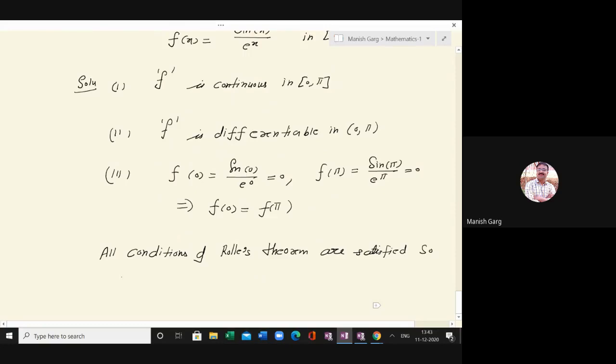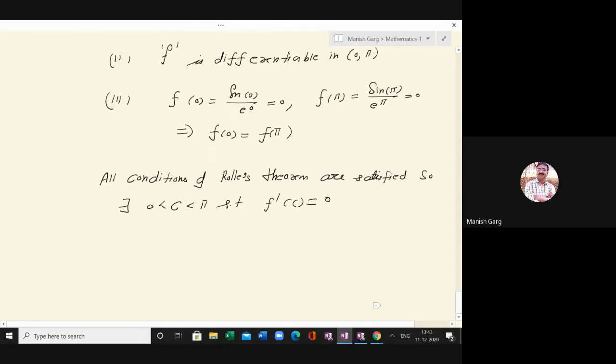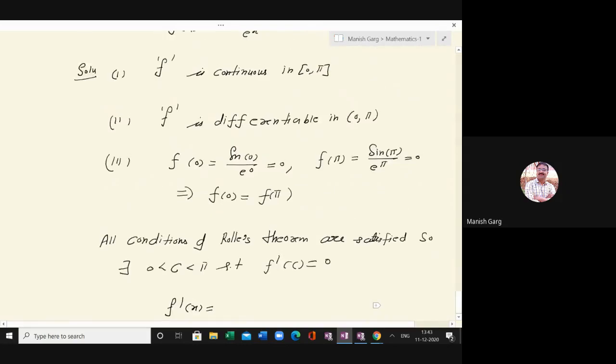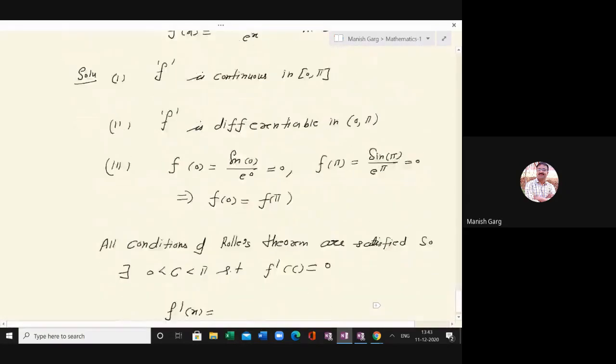So there must exist a c in (0, pi) such that f'(c) is equal to 0. You have to show that the value of c lies between 0 and pi. Now what is f'(x)? f(x) was sin x over e^x.